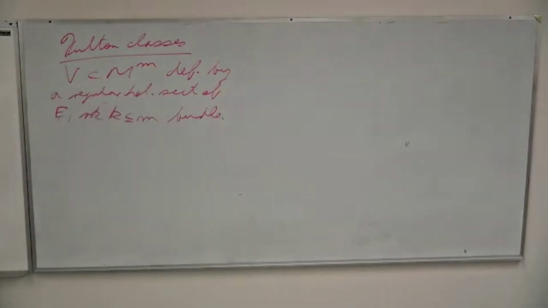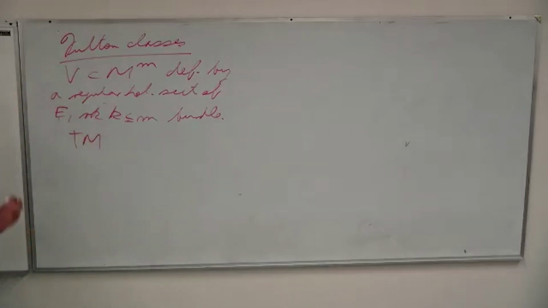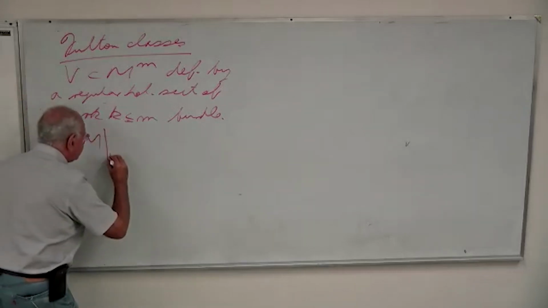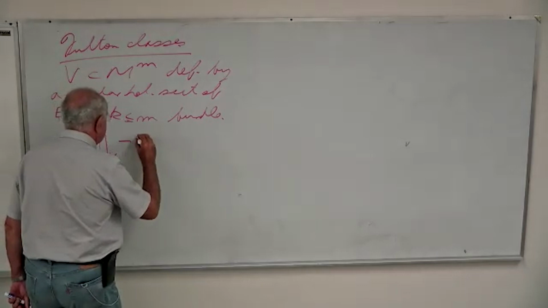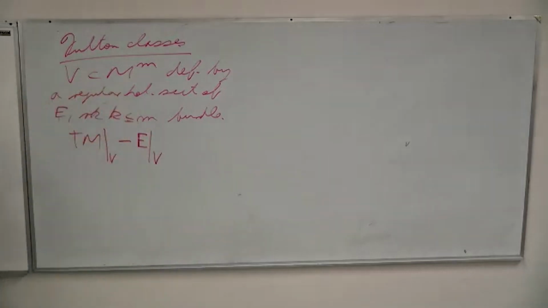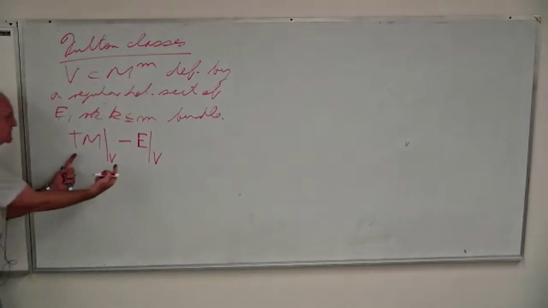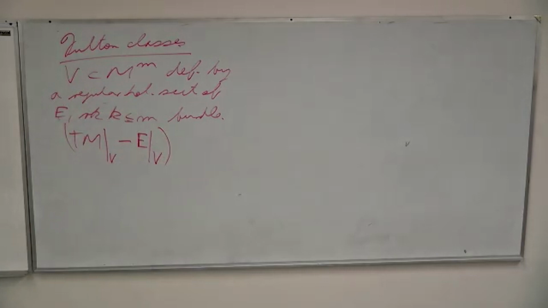Now look at the tangent bundle of M restricted to V, and look at E restricted to V. You can consider this difference, which is called the virtual tangent bundle of V.